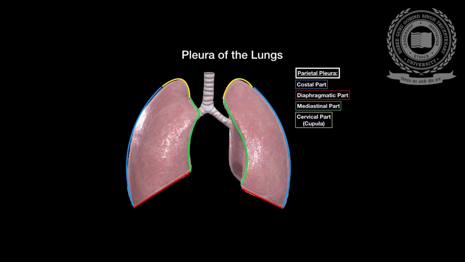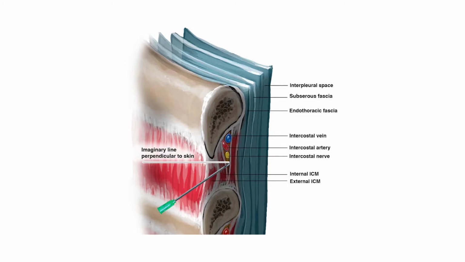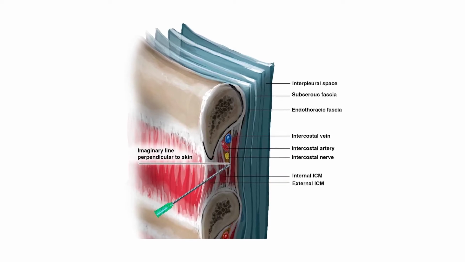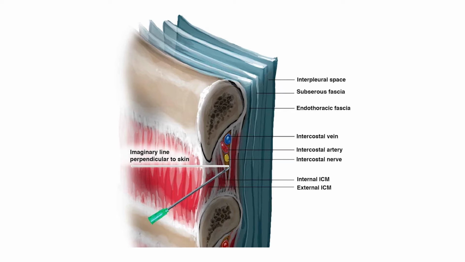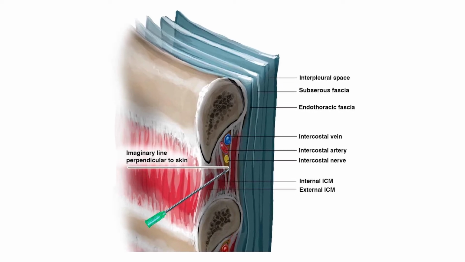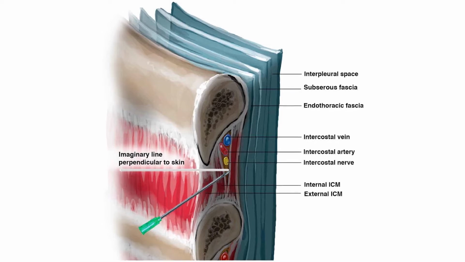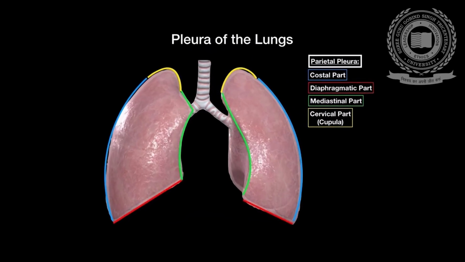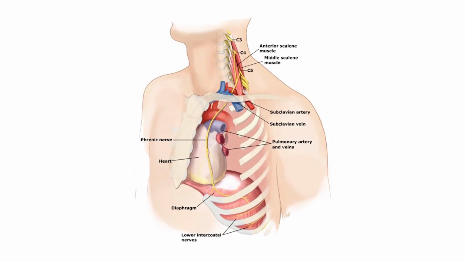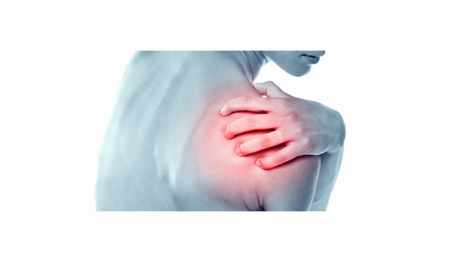Costal and peripheral parts of diaphragmatic pleura are innervated by intercostal nerves, hence irritation of these regions causes pain referred along intercostal nerves to thoracic or abdominal wall. Mediastinal and central part of diaphragmatic pleura are innervated by phrenic nerve, hence irritation here causes referred pain at the tip of the shoulders.